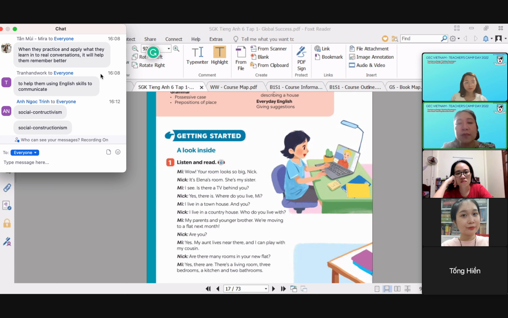Social constructionism or social constructivism are terms which are interchangeable, and they refer to how students learn by sharing, by interacting with others.